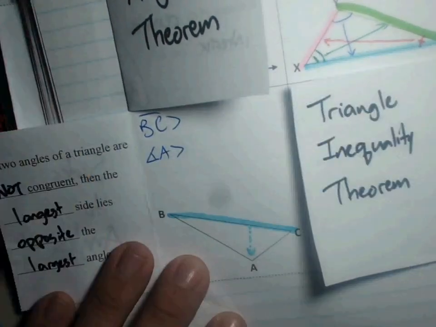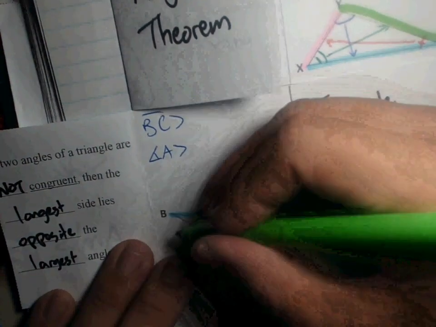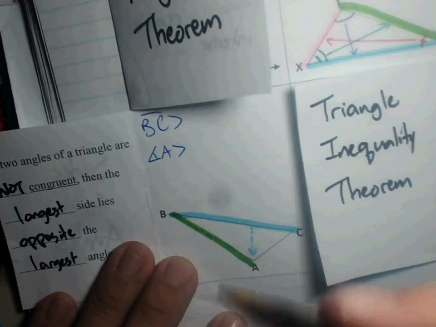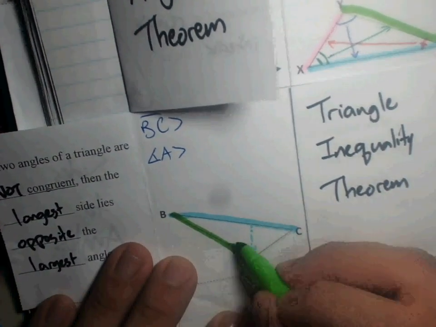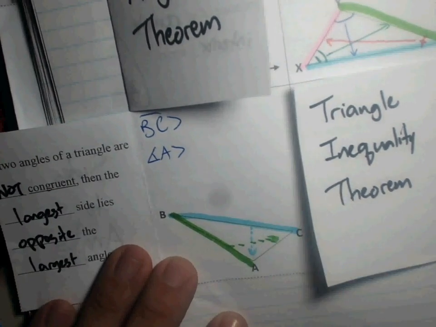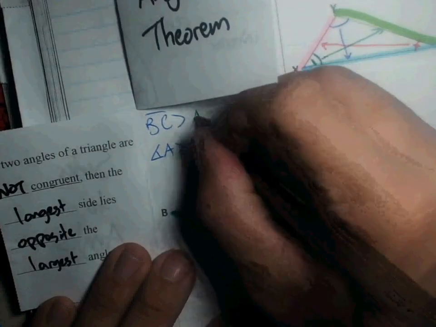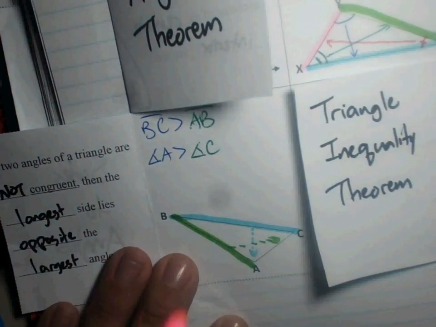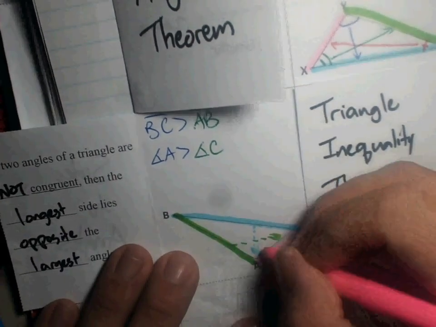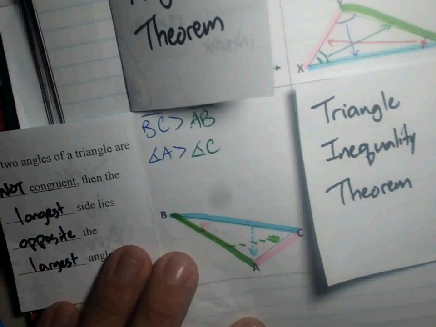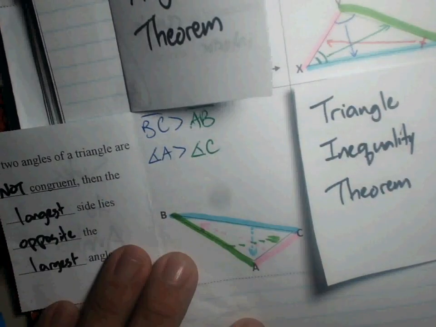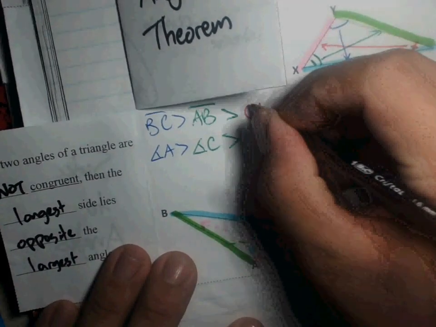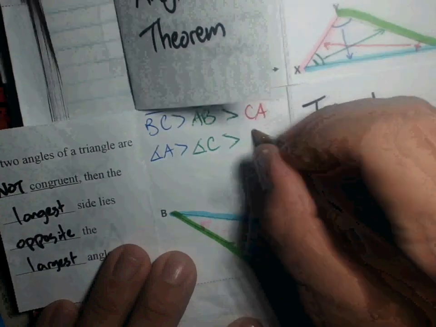Our next one up would be AB, which is opposite of angle C. And lastly, the smallest side, CA, is opposite of angle B. So BC is greater than AB, which is greater than CA, and angle A is greater than angle C, which is greater than angle B. Those are all the opposite ones.